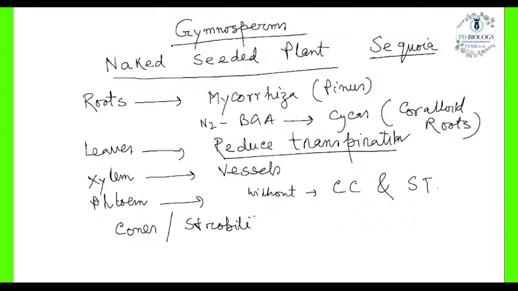Microsporophyll give rise to pollen grain, that is male gametophyte. In ovule or megasporangia, the megaspore gives rise to multicellular female gametophyte, which bears two or more archegonia, the female sex organ.